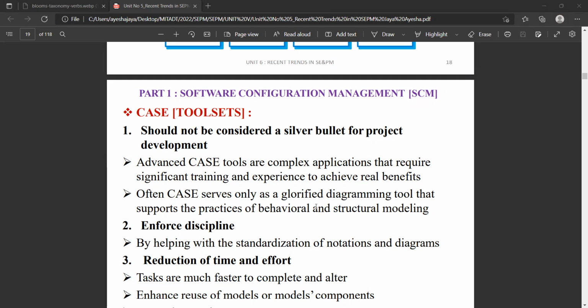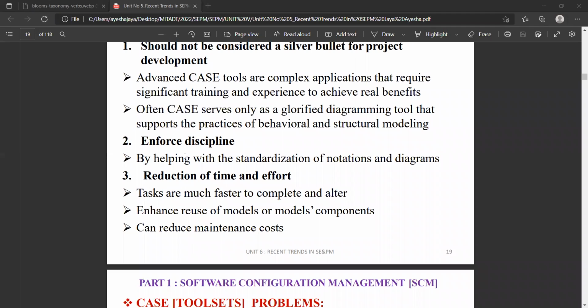Why is modeling incorporated to draw diagrams? Because diagrams are used for visualization, and we all know that instead of showing the code to someone, if you first show the diagram of it, it is better understood. So of course, CASE is used for enforcing discipline, because you have standardization of notations and diagrams. Even in UML, you have standardized symbols. Why?